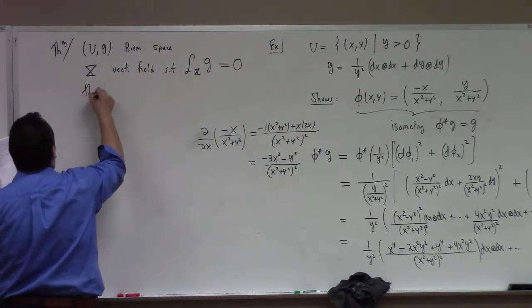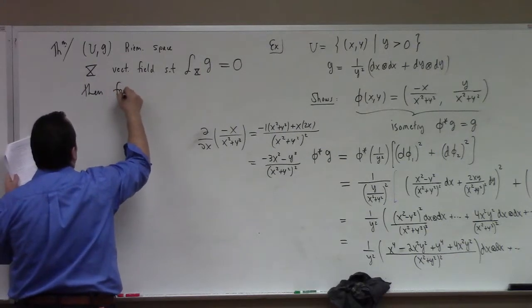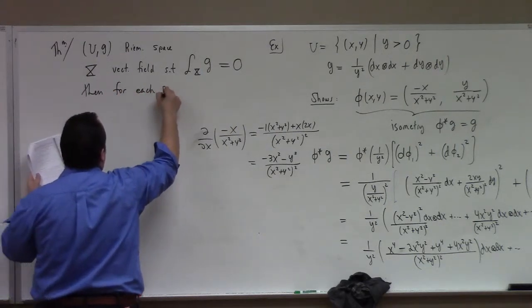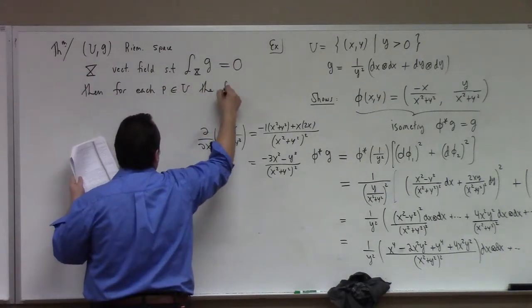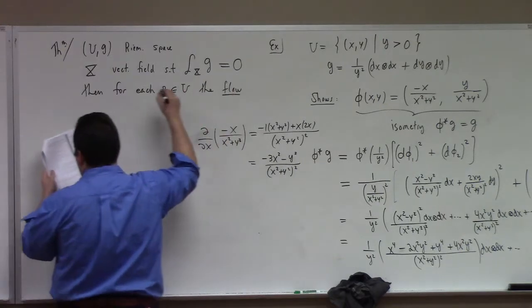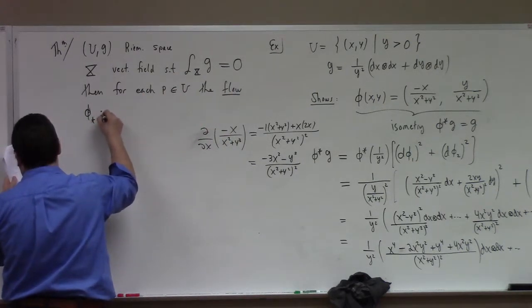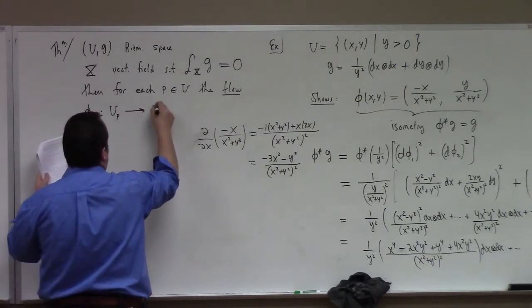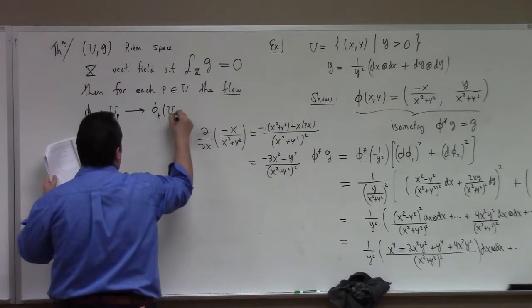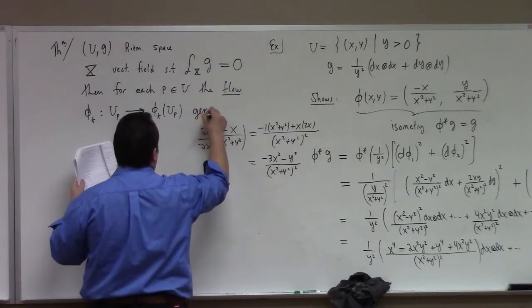Then, for each p in U, the flow phi sub t from U sub p to phi sub t of U sub p, generated by X, what is it then?